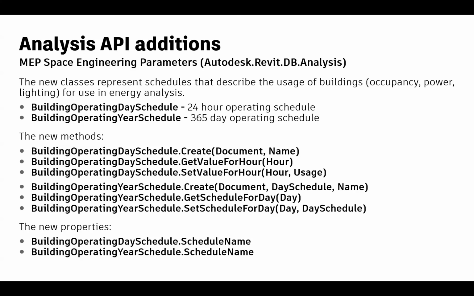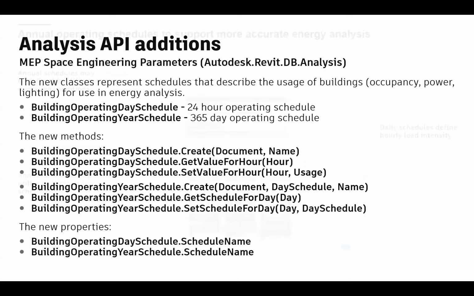Occupancy, power, or light. So there are new methods to create day schedules. There are new methods to create year schedules, and new properties of day schedule and year schedule. Schedule name can be assigned through the API as well.